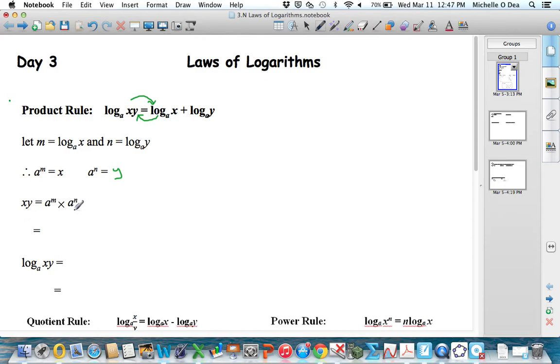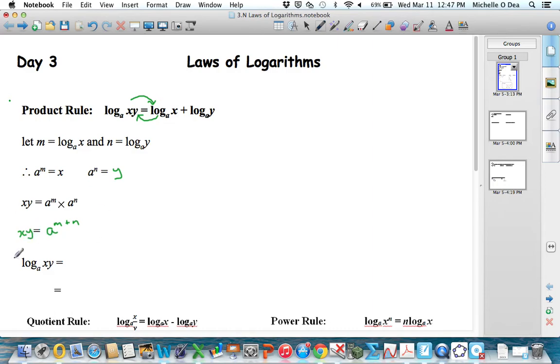Now we can simplify that left hand side because we know our exponential rules. When we multiply things with the same base, we just add the powers. So I can write that as just one exponential, a to the power of m plus n. And remember, this is still equal to xy.